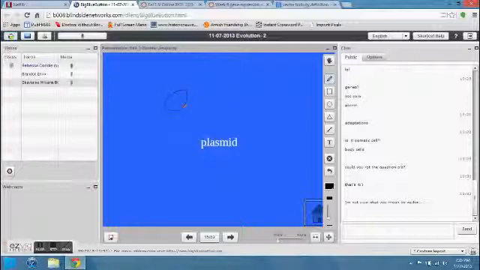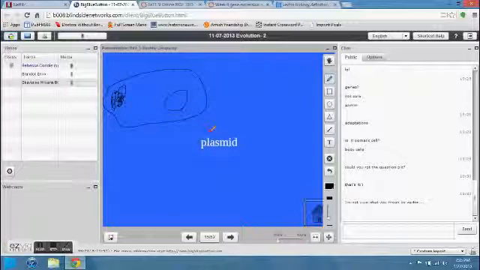And if you remember, the plasmid is just a circular piece of DNA that hangs out in bacteria along with their nucleus. So these are all their normal chromosomes over here, and a plasmid is just an extra piece of DNA.